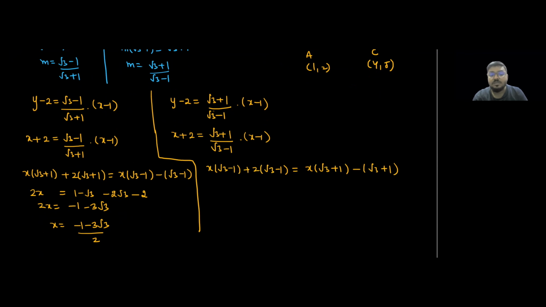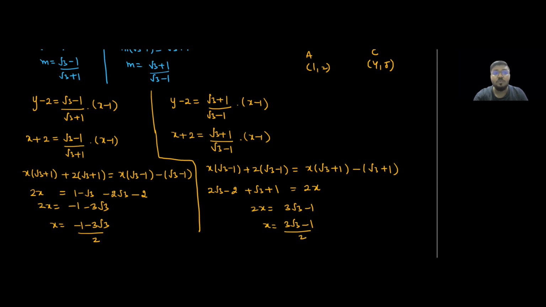So shifting the x term to the right hand side, we have 2x, and the remaining things on the left hand side: 2 root 3 minus 2, plus root 3 plus 1. So 2x is 3 root 3 minus 1, so x is (3 root 3 minus 1) divided by 2.